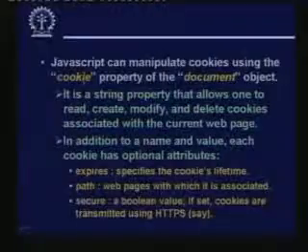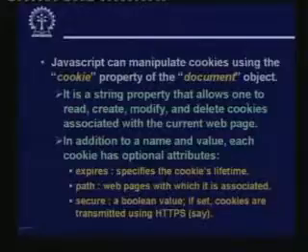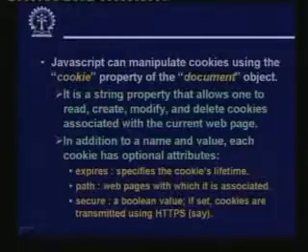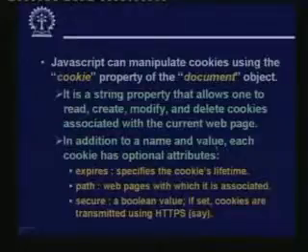Now, the cookie property is basically a string. This property is nothing but a string which can allow a JavaScript code to read, write, modify and delete the so called cookies associated with the current web page. Now, a cookie has a number of properties. A cookie will be having a name and a value.